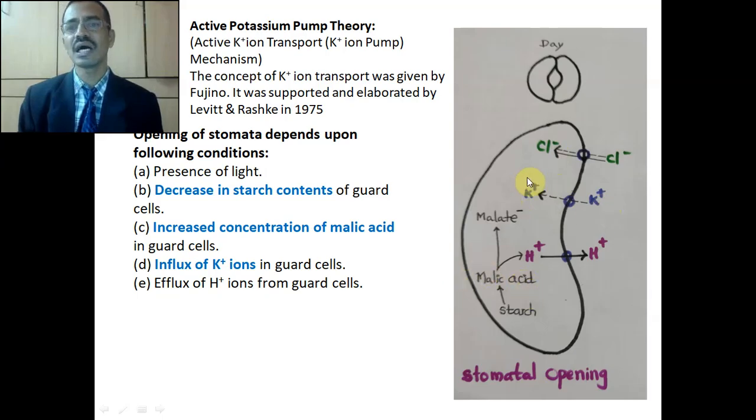It leads to the opening of the stomata, because when there is more accumulation of the ions, it leads to an increase in the osmotic potential. That means a decrease in the water potential. Due to the decrease in the water potential, water enters the guard cell from the surrounding subsidiary cells.